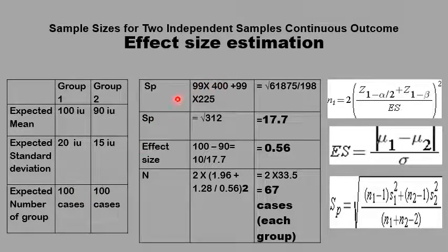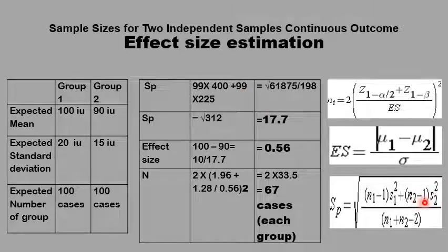And the equation first for the pooled standard deviation would start with the number in the first group, that's 100, minus 1, that's 99, multiplied by the square of the expected standard deviation, which is 20. So that's the first thing, plus the same thing for the other group.